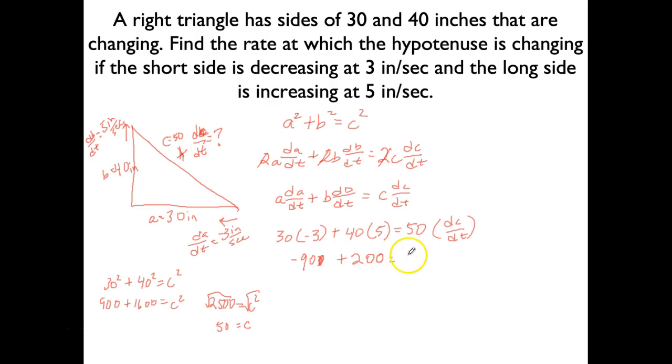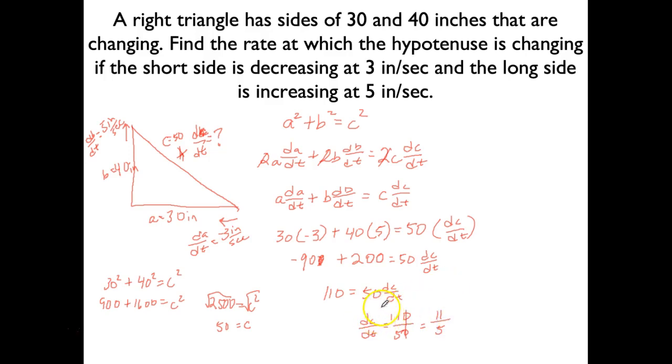Equals 50 dc over dt. That's going to give us 110. So 110 equals 50 dc over dt. And we can divide by 50. And that gives us dc over dt is equal to 110 divided by 50. Cancel out those zeros. It's going to be 11 over 5.